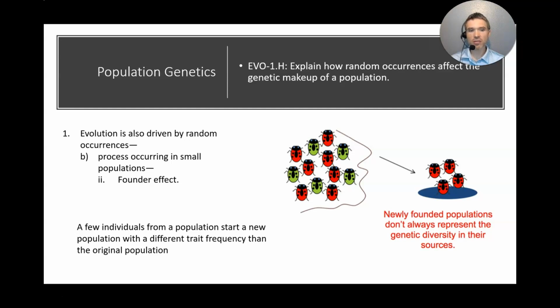What you'll notice is that because this was random, we did not choose any green beetles. And in the new population, the green beetle trait has now been lost from the original population. So we see this shift in our genetic traits in future generations of this new population. This can lose genetic diversity.